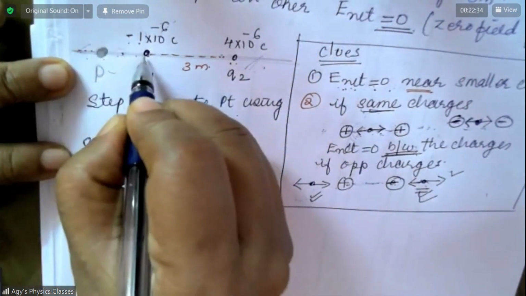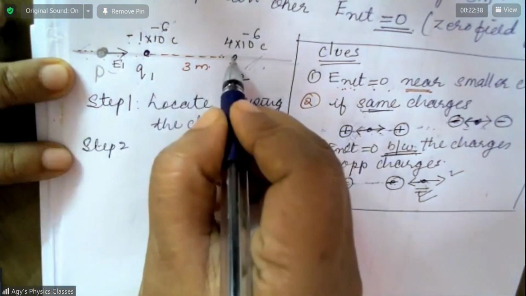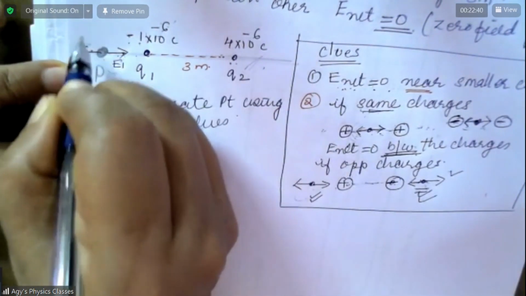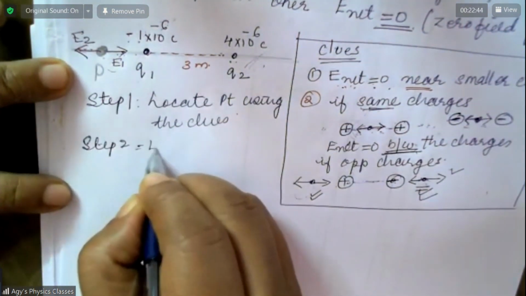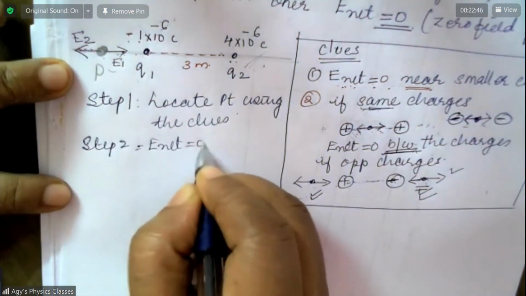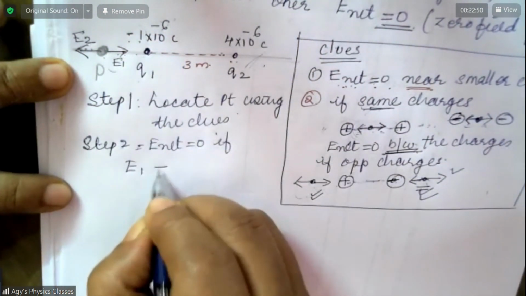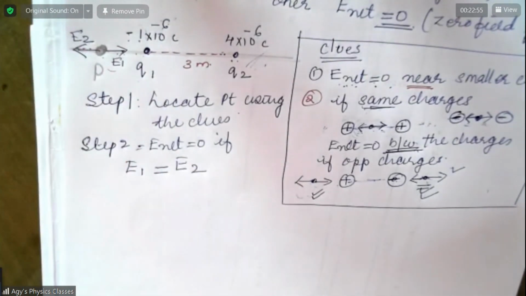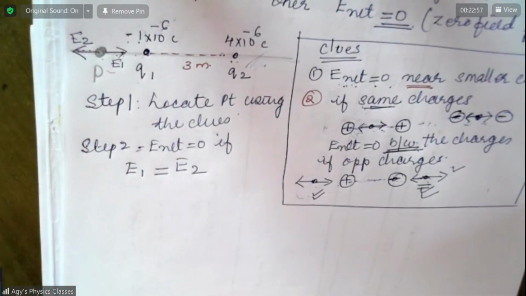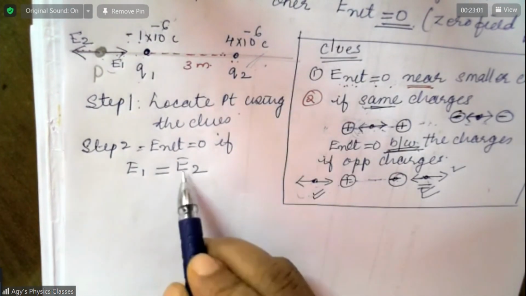For example, E1 will be in this direction, E2 will be in this direction. So E net will be zero if E1 is equal in magnitude to E2. E net will be zero only if E1 is equal to E2.